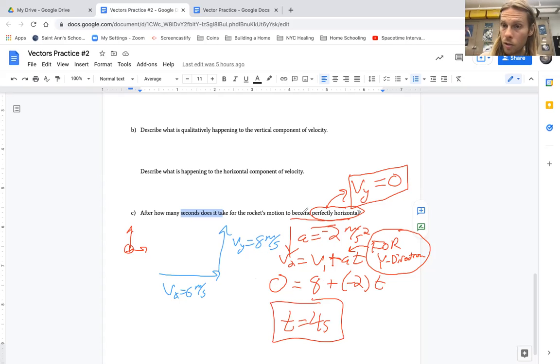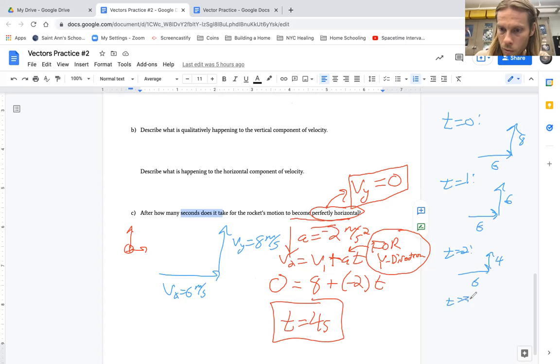After 4 seconds, in fact, we could draw it as, right, at t equals 0, it's 6 and 8. At t equals 1, what happens? This one decreases by 2, it's 6 and 6. At t equals 2, it's 6 and 4. At t equals 3, it's 6 and 2.